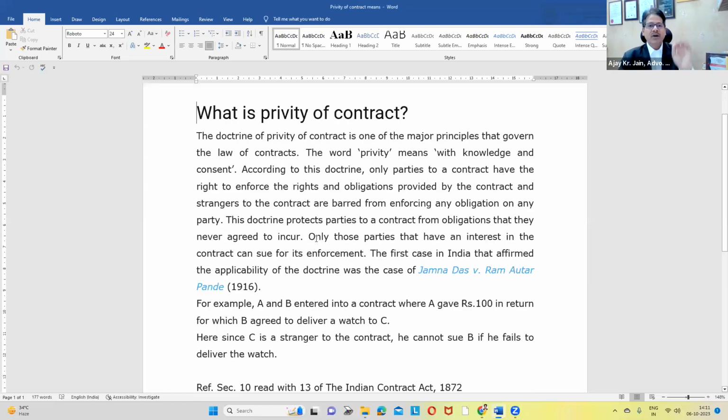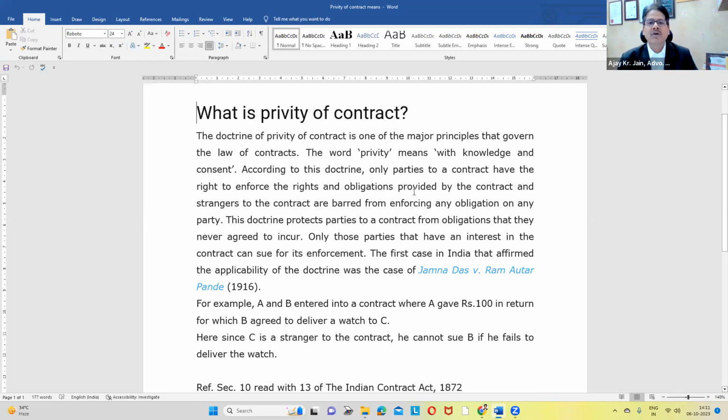privity. The doctrine of privity of contract is one of the major principles that govern the law of contract. Why have I covered this topic? Because this is going to affect the other things also. Now, the word privity means with the knowledge and consent.